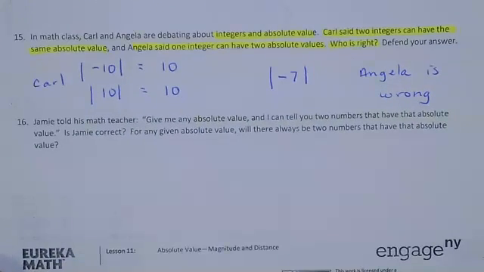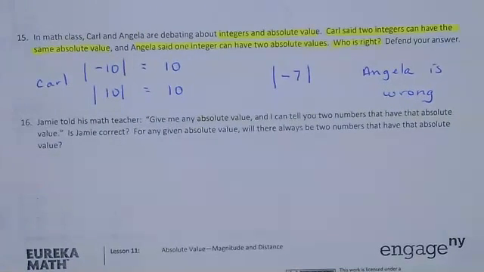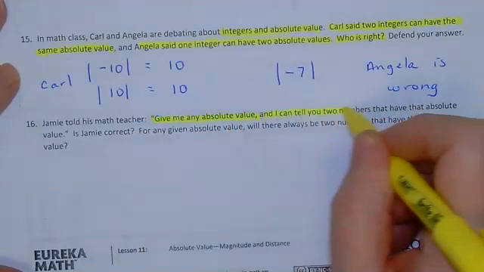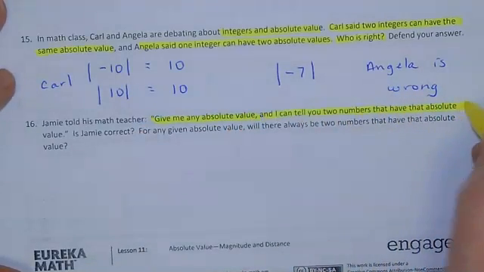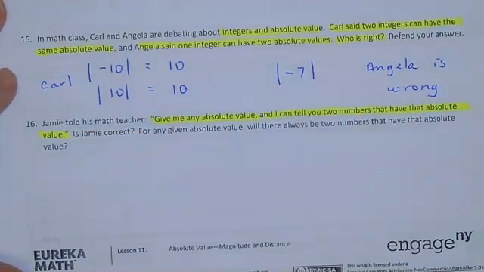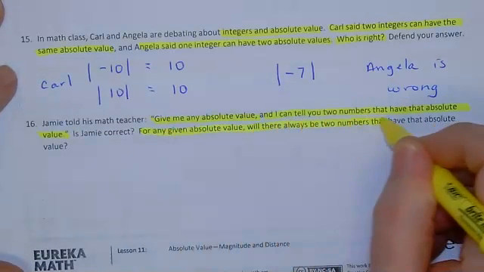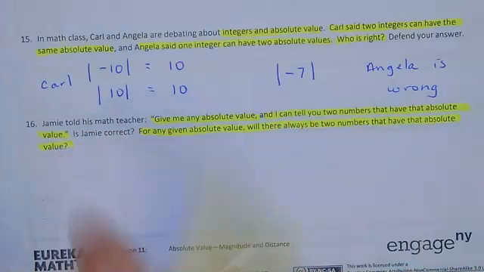And here's another tricky one. This is my favorite one on the whole assignment today. Jamie told his math teacher, give me any absolute value, and I can tell you 2 numbers that have that same absolute value. Is he correct? For any given absolute value, will there always be 2 numbers that have the same absolute value?